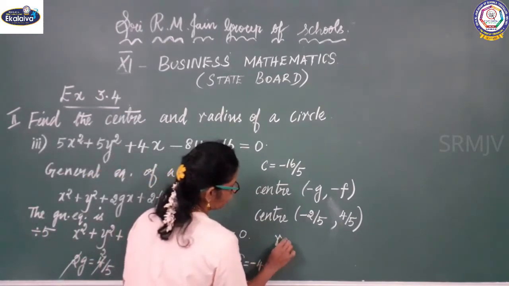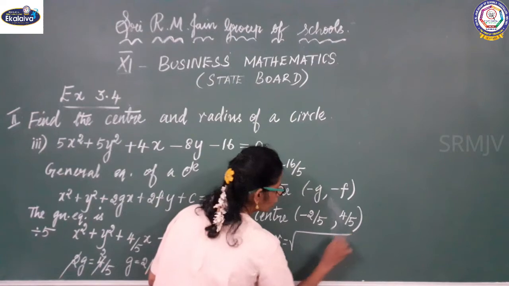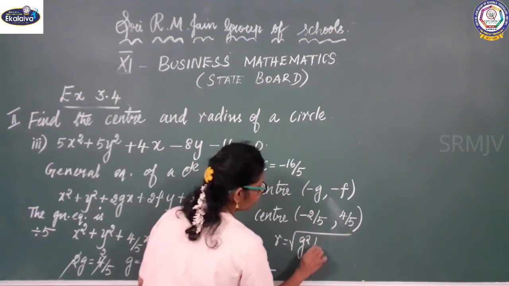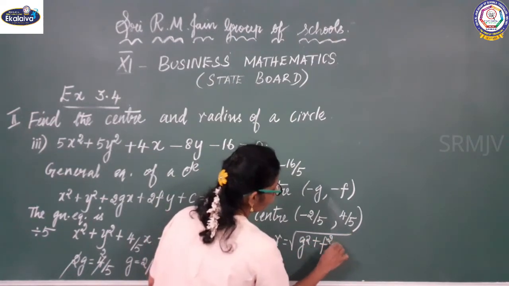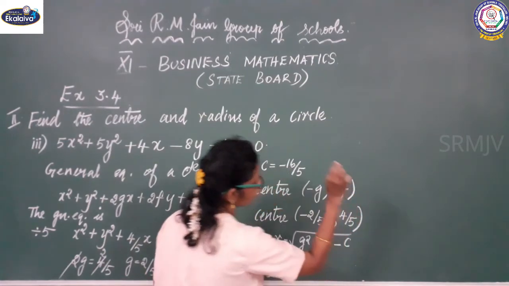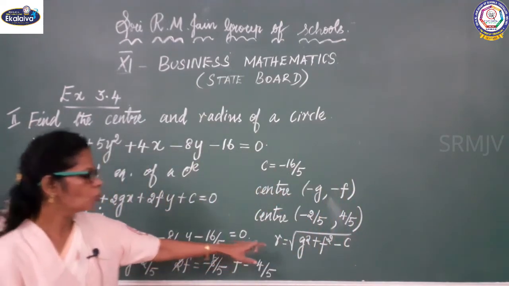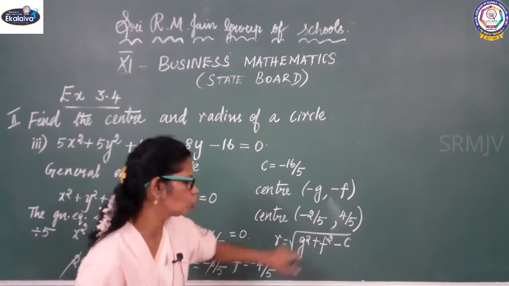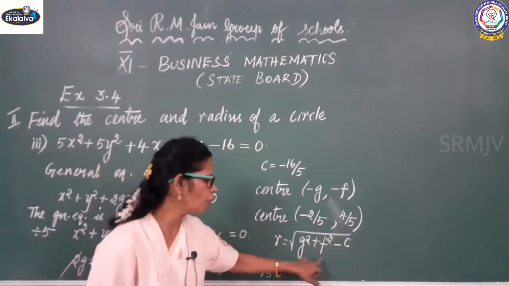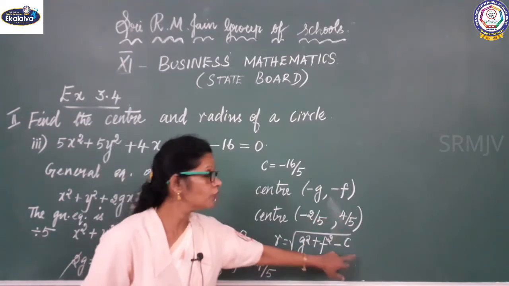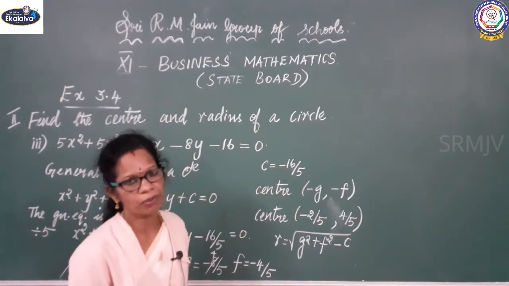Radius. Radius equal to square root of g square plus f square minus c. Now what is your g? g is minus 2 by 5. What is your f? 4 by 5. What is your c? Minus 16 by 5.